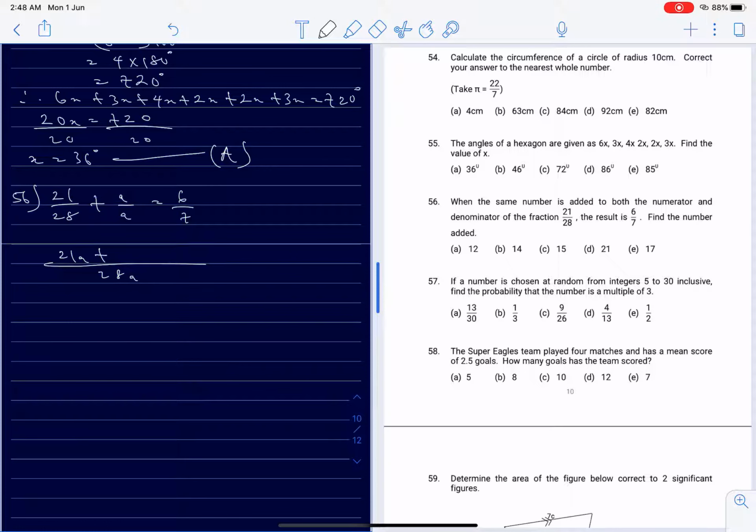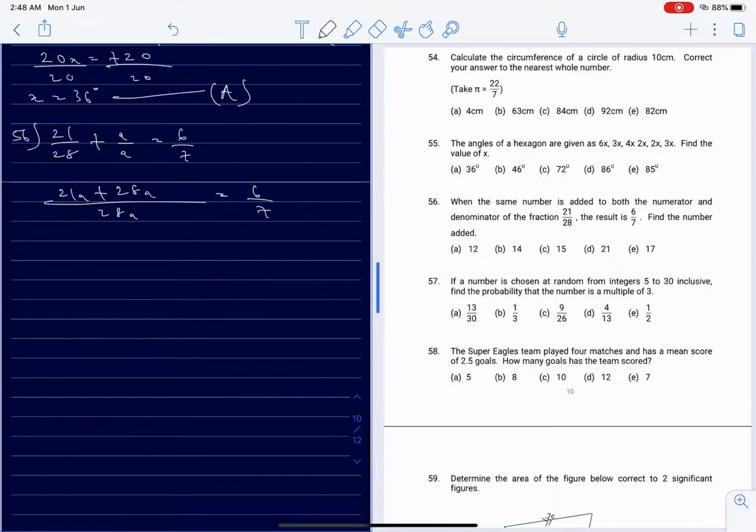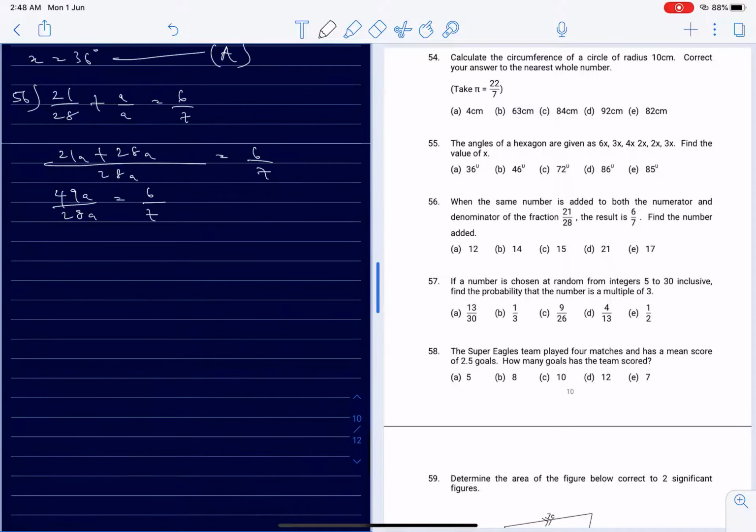That's 21A plus 28A divided by A is 28 times A. That's 28A equals 6 over 7. And that means 49A over 28A equals 6 over 7. When the same number is added, find the number. What are we supposed to do?